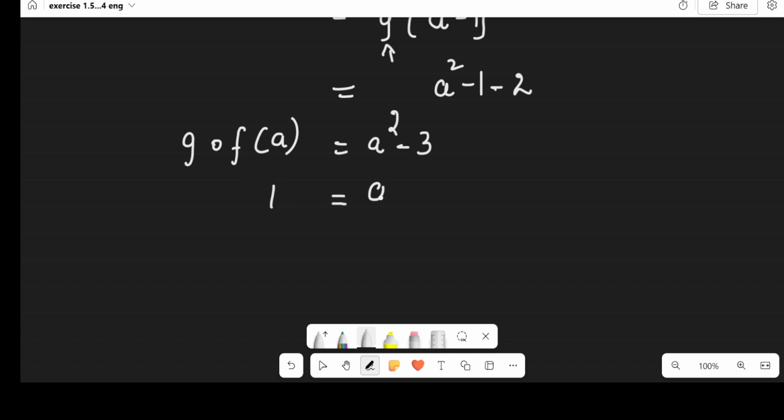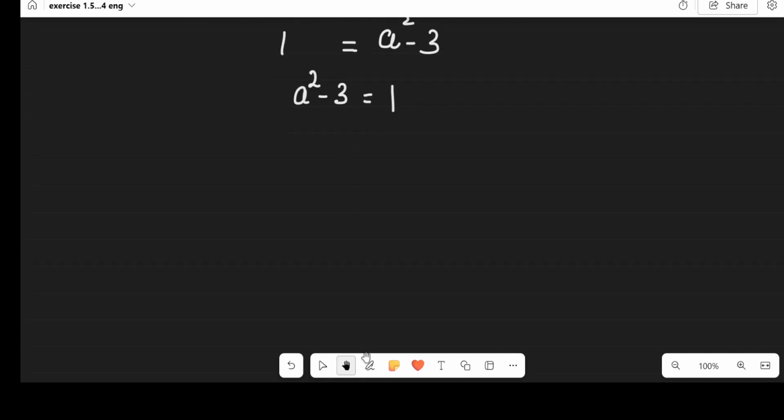So I'm applying 1 here. I'm just interchanging sides. I'm taking a square minus 3 to this side and 1 to this side. So I'm getting this.